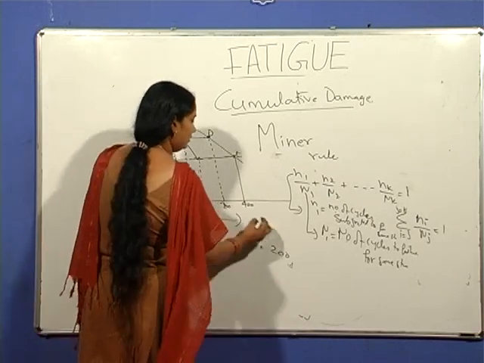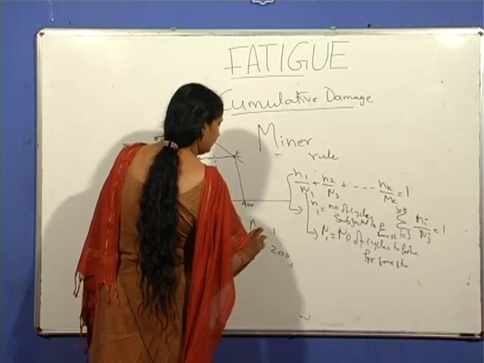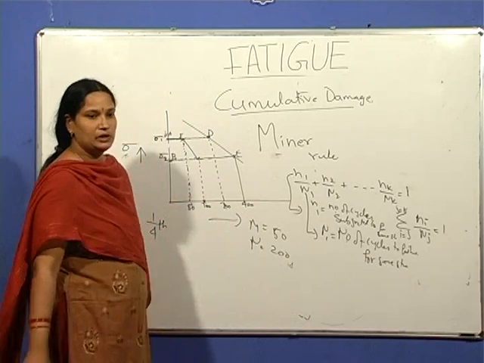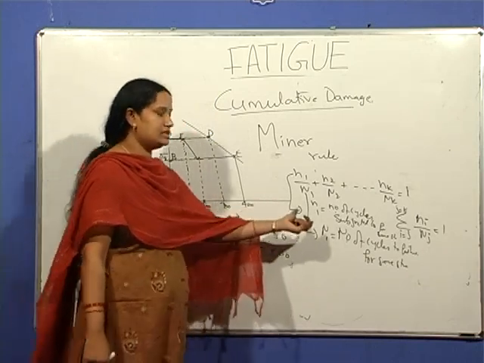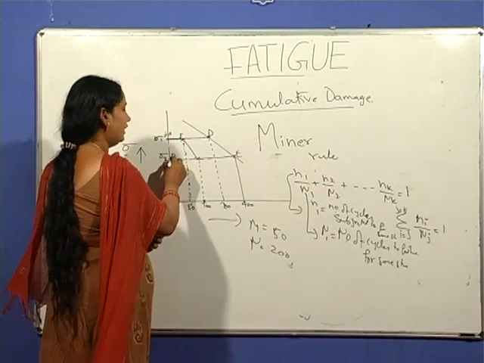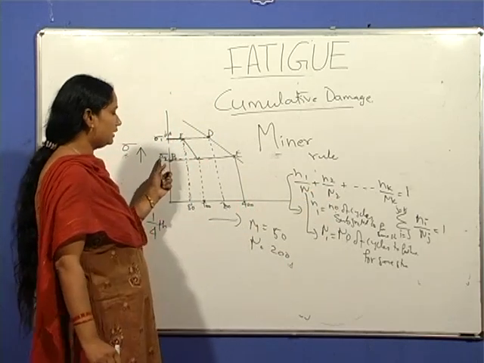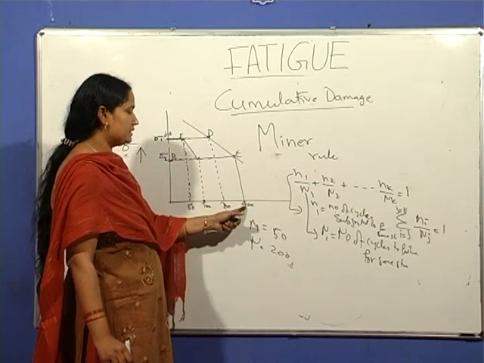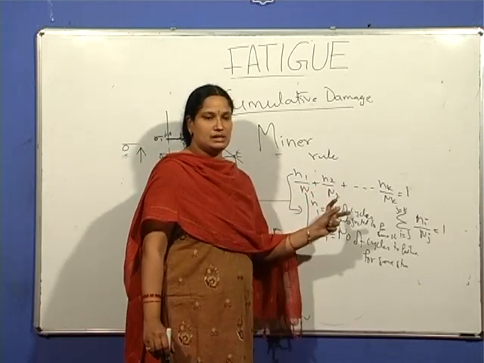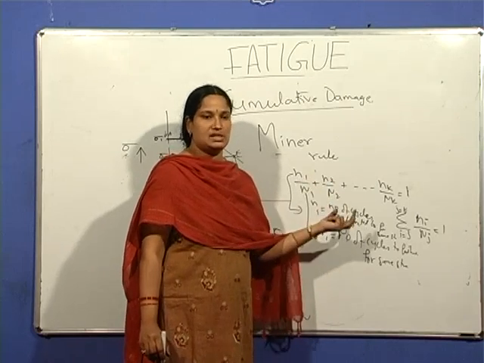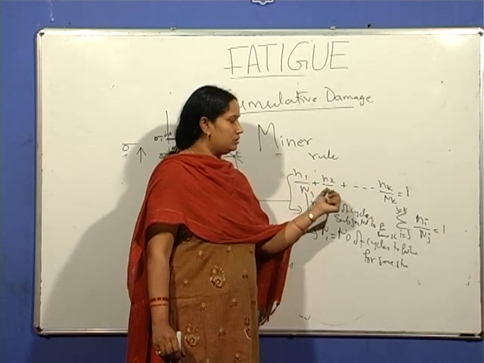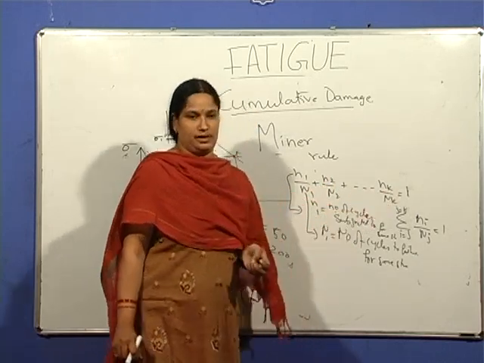So, small n1 is equal to 50 for the specific value of sigma 1. For n2 and capital N2 at a different value of stress, for example sigma 2, the life of the component is 100, and if it is exposed to a certain number of cycles, how much damage has accumulated for that number of cycles. So, this is equal to 1.